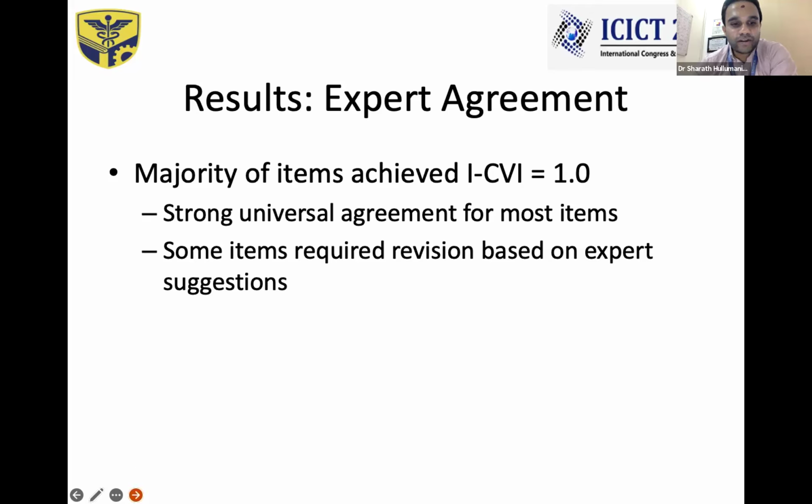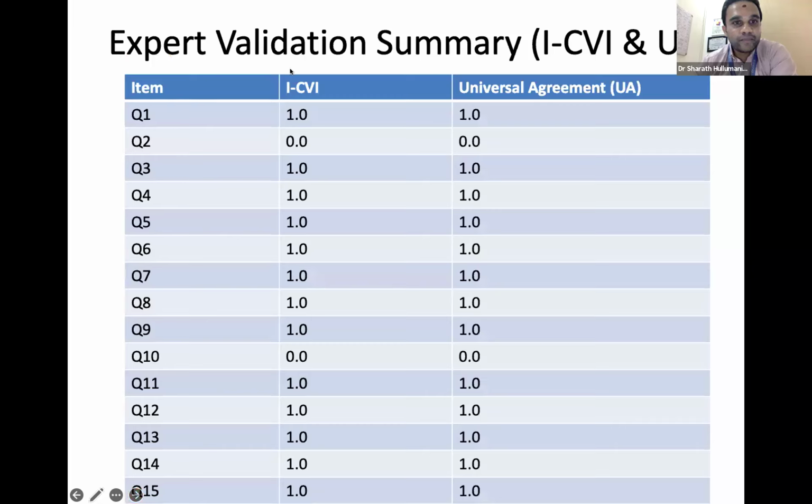If you want to see those results, we can see them here. From questions 1 to 15, most of them got an I-CVI of 1, with a conflict in question number 2 and question number 10. After this validation, those two questions were refurnished, and the refurnished document is not yet published. These results are from before the refurnished document.